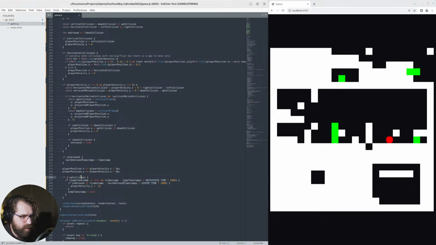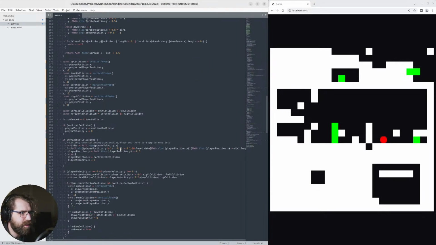So, no up collision, jump timestamp is not null. Correct. Timestamp minus jump timestamp, less than anti-coyote time times 1,000. So we're in the frame. If we're on the ground, I'm going to put that in there, but I'm not quite sure why it matters. I sort of know why. No, it's still not working.